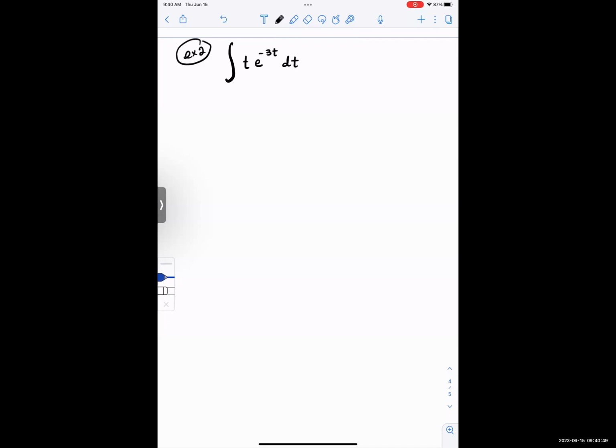Substitution wouldn't work. There are four or five different kinds of strategies that I'm going to give you in this chapter. You know t is a power function, and e to the power negative 3t is an exponential function.